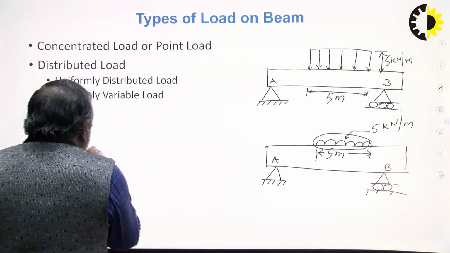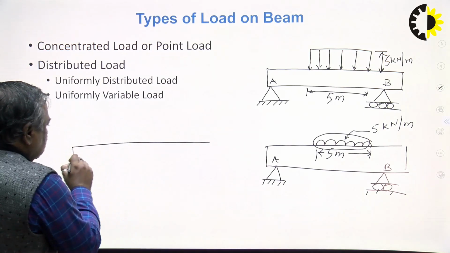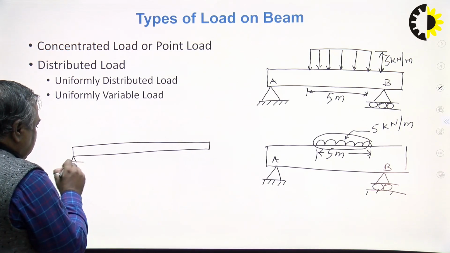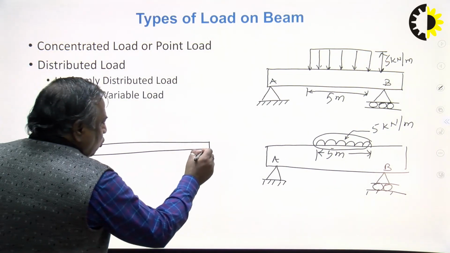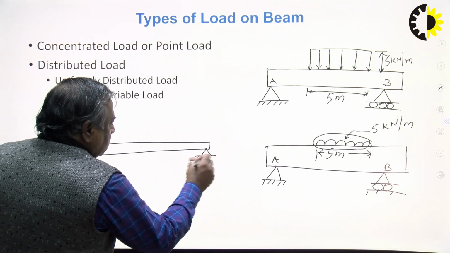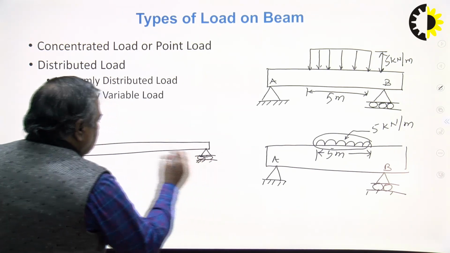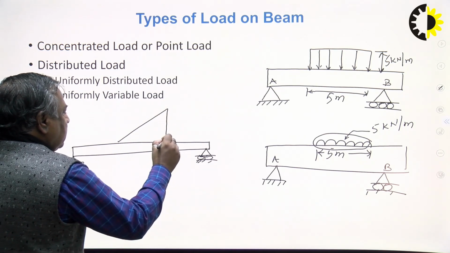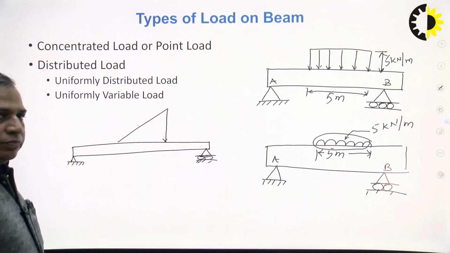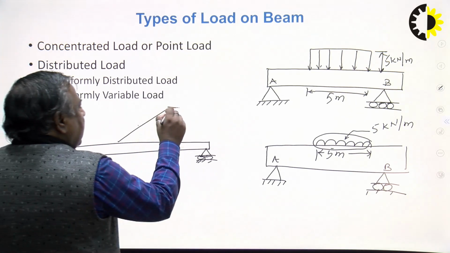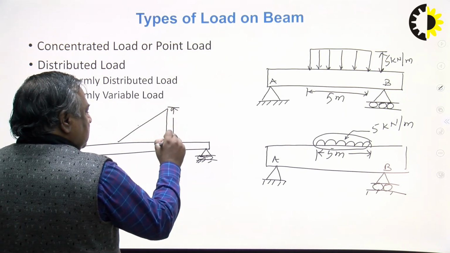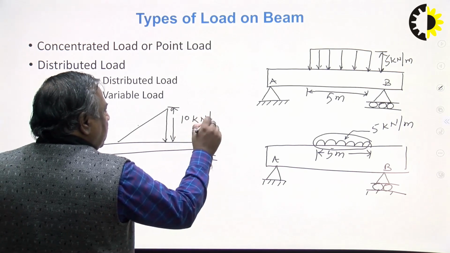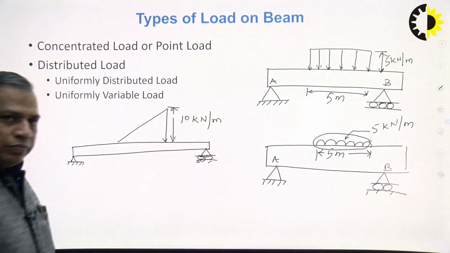Similarly, suppose this is a beam, this is hinge support, this is roller support, and the load is varying linearly. This is linear variation. Then this height, again, you may call it 10 kilonewton per meter or 20 kilonewton per meter or whatever.